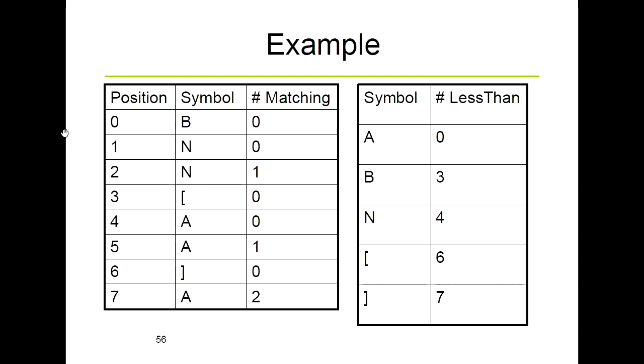If you follow the algorithm, it will create two tables, left-hand side and right-hand side. Let's call them left and right. On the left-hand side, you have the encoded BWT string right here, B N N cap A A close cap.